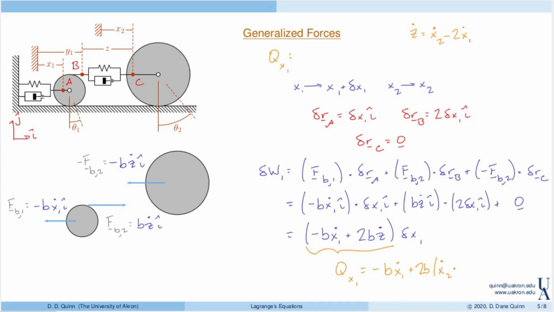So we will use that there. So this is my generalized force, and notice that these two terms combine, so we would actually have minus 5B x1 dot plus 2B x2 dot. So that's the generalized force for x1.